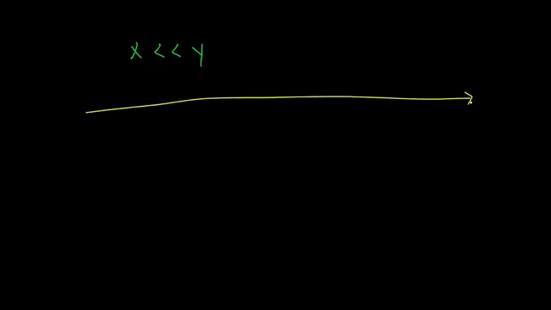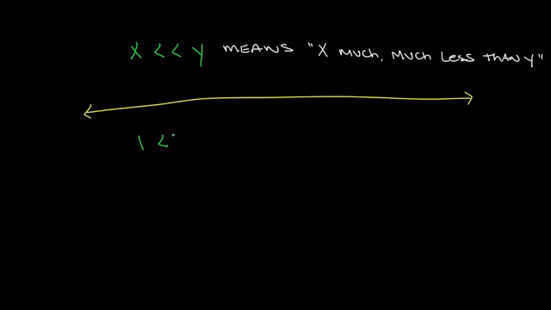Here's this funny symbol, X is much less than Y. And you'll actually never see this in a proper math textbook because it's not really a proper mathematical concept. But you'll see this all the time in data science. What this really means is X is much, much less than Y. So for example, 1 is much, much less than 1 million might be a reasonable thing.